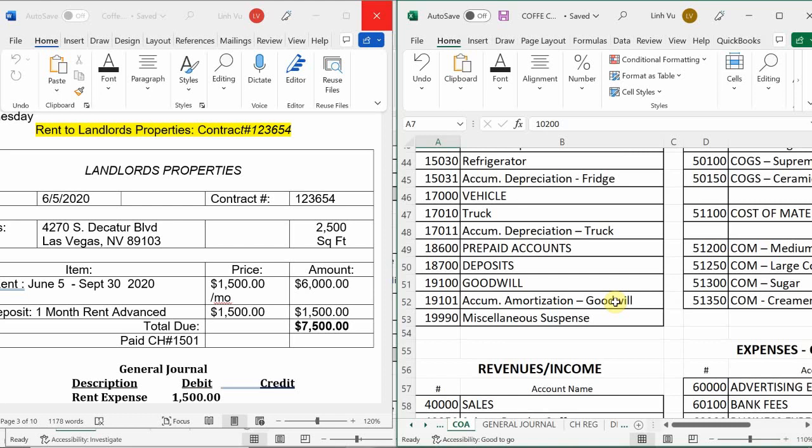What about that rent deposit? Would that be prepaid also? Is there a better account for that?